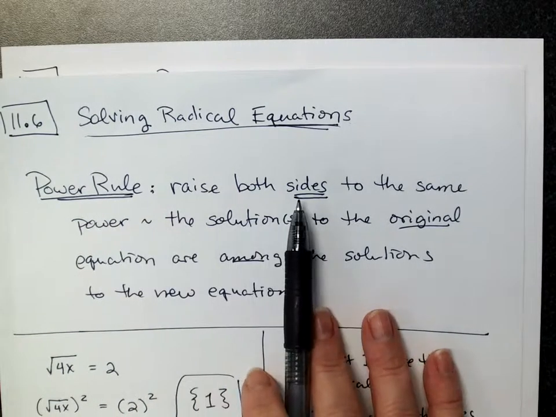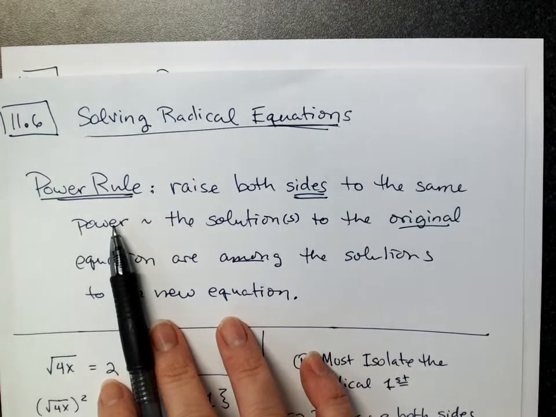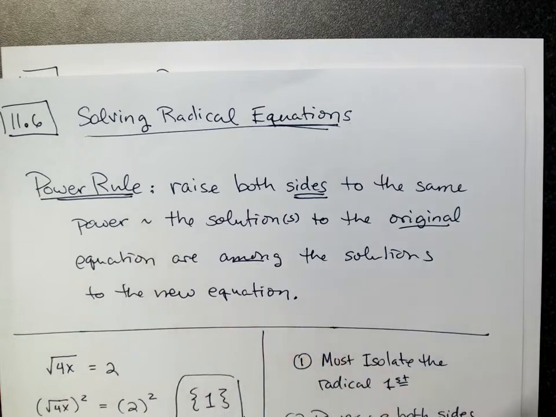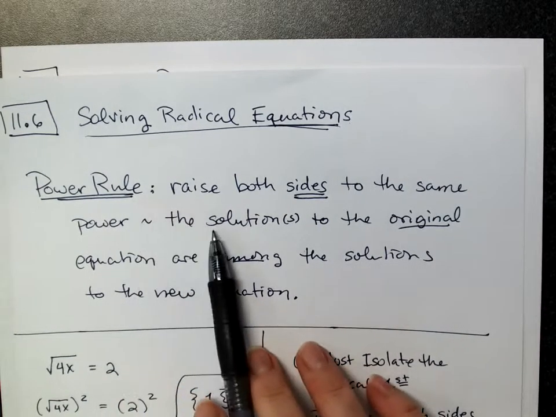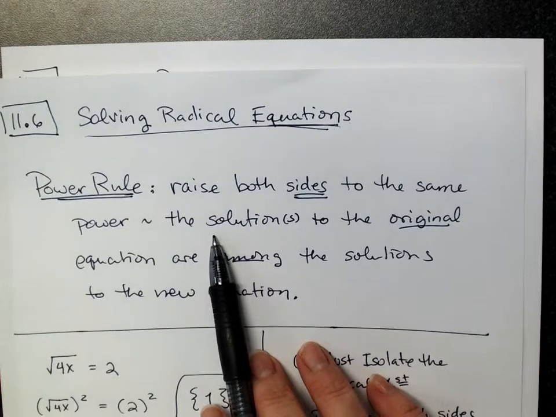If you raise both sides to the same power, you're keeping it fair, you're keeping that scale balanced. So that's a good rule that will transform it and kill the radicals. A matching index and exponent, inverse operations, blows up the radical. So you get rid of the radical and you're left with a linear or quadratic equation, which you solve accordingly. Linear, you solve for x. Quadratic, you put it in standard form, factor into two linear factors, and get your two solutions.